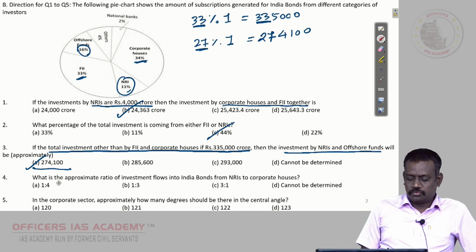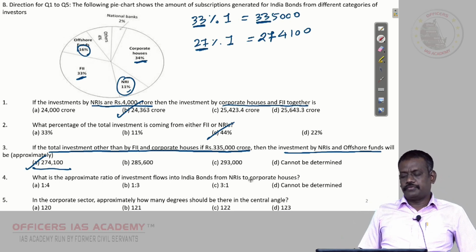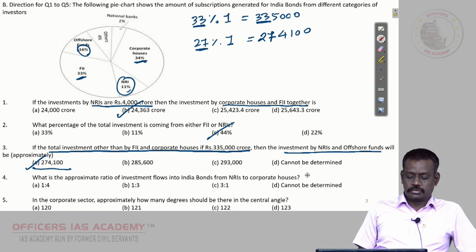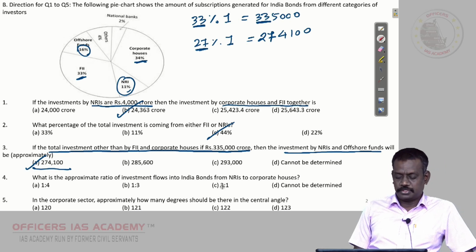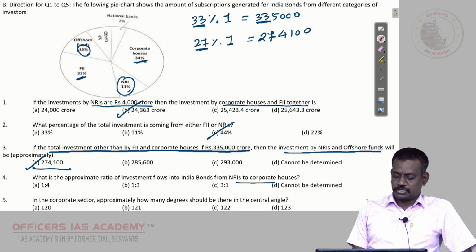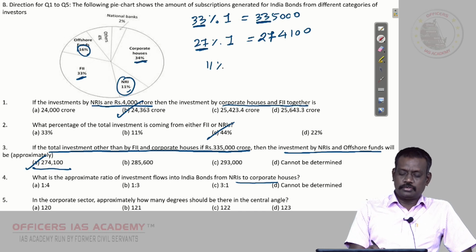And what is the approximate ratio of investment flows into India bonds from NRIs to corporate houses? NRI is 11% and corporate houses is 34.